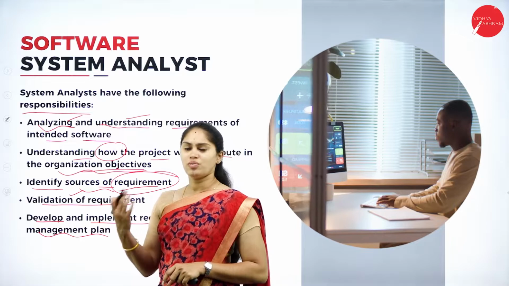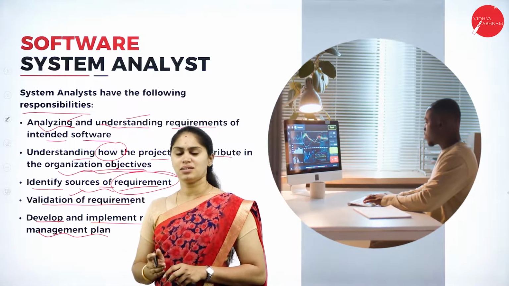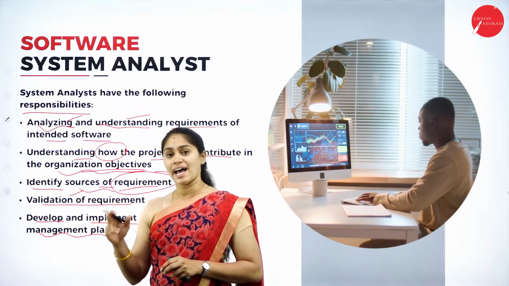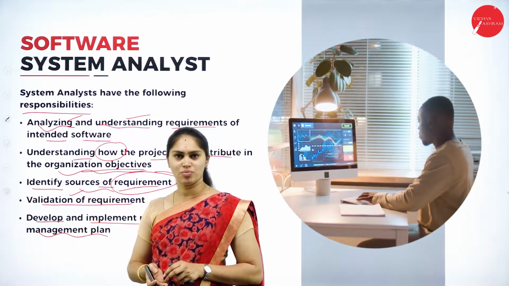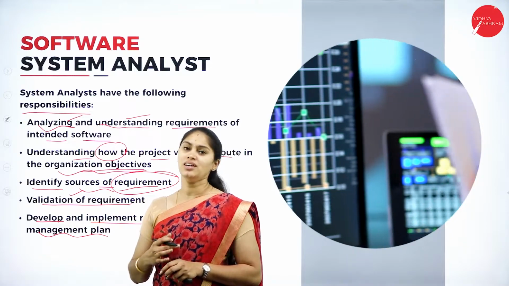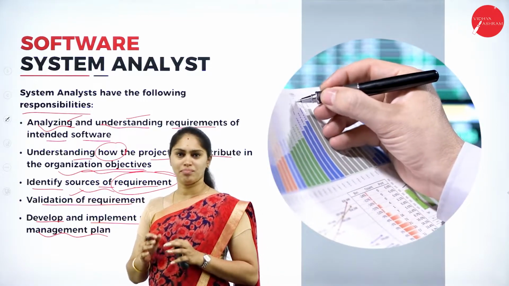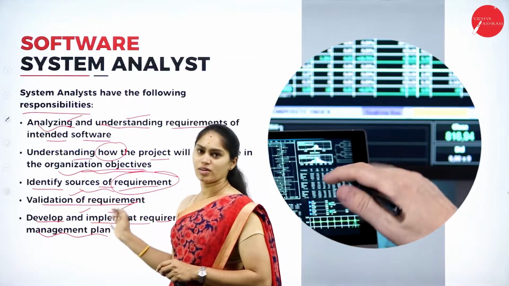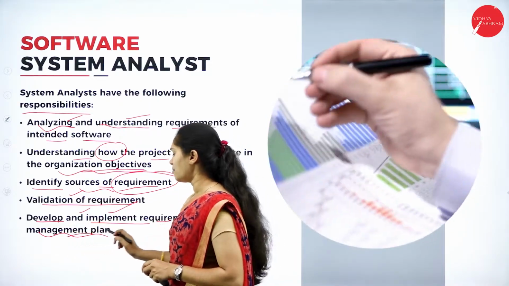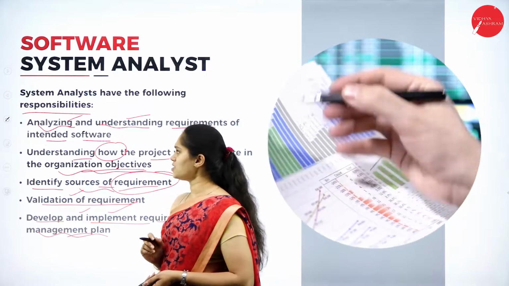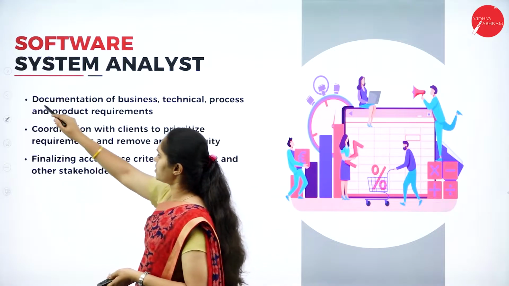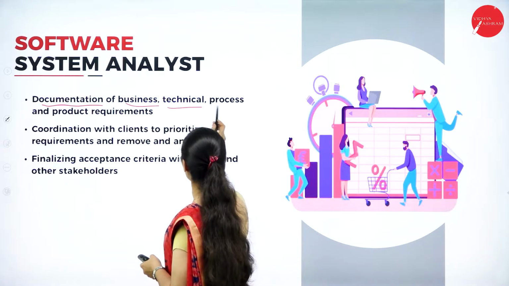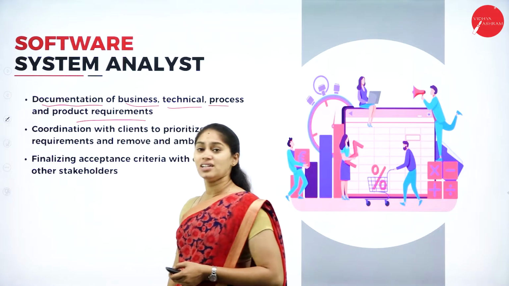Why? Because the requirements given by the customer should be maintained and managed throughout the development of a project, as well as at the time of maintenance. Even after it is deployed to the customer location, that needs to be managed, so all the development and implementation requirements are stored in the management plan. They also have one more responsibility: documentation of the business, technical, process and product requirements.